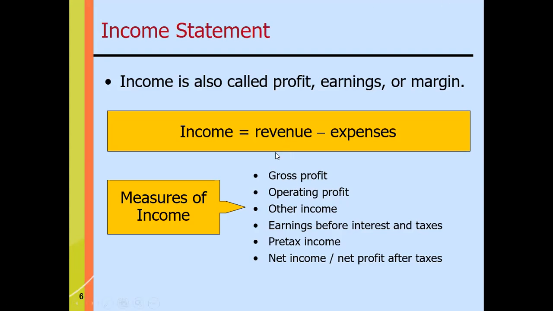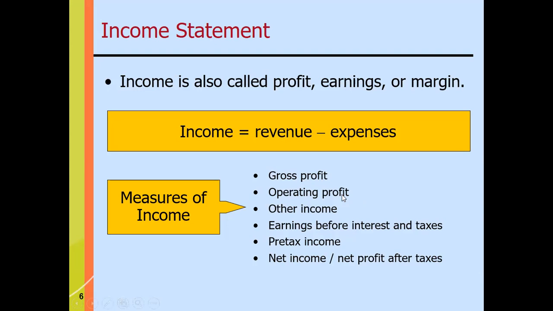Anyway, the revenue here would mean the sales or the service income, meaning the gross of all the grosses of income. And then minus expenses equals our profit or loss. For the income, the measures could be, as I said a while ago, gross profit, that is sales minus cost of sales, cost of sales being part of our expenses.